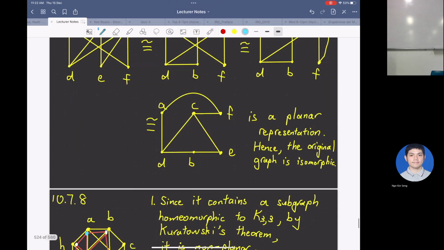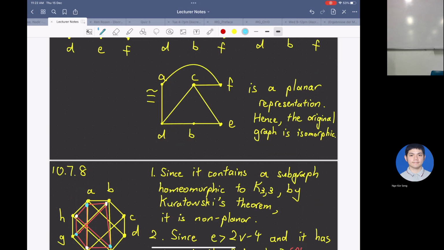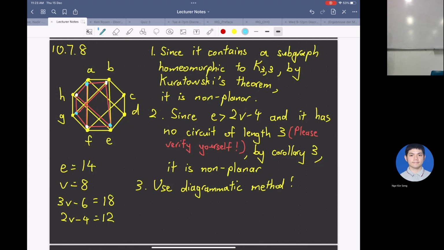Okay, so you need to have a way to prove that it is non-planar. No matter how you draw, you need a way to see why it is non-planar.